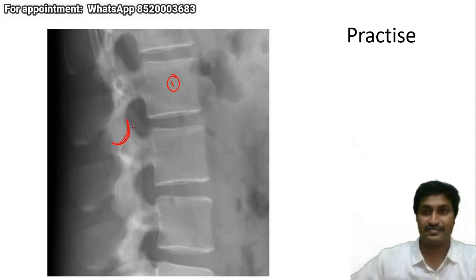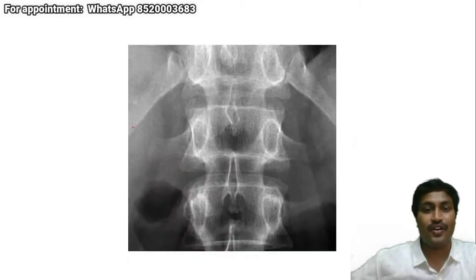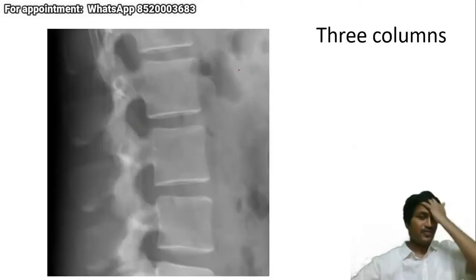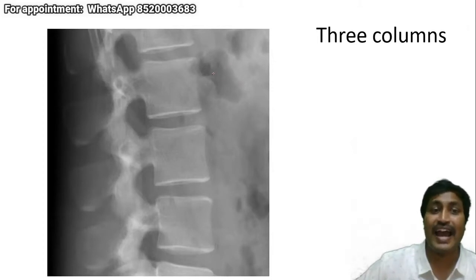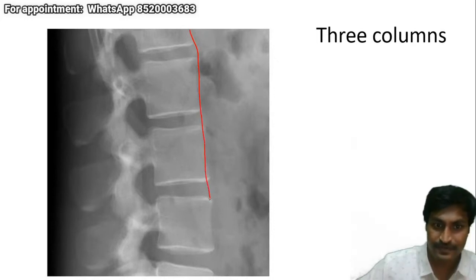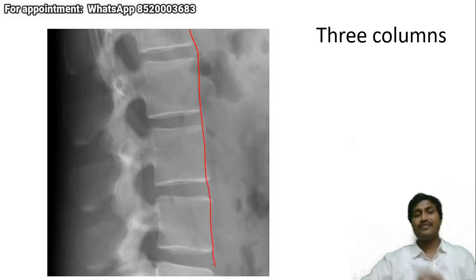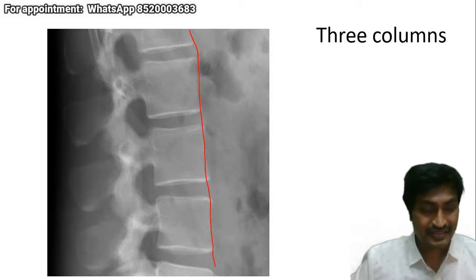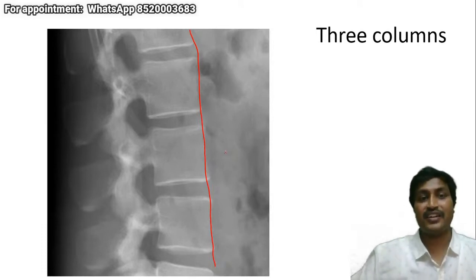Yeah. So again, this one. So the last thing which you have to practice is to identify the three columns. So this one is the vertebral body. Until now, there was a small variation which I've taught you.